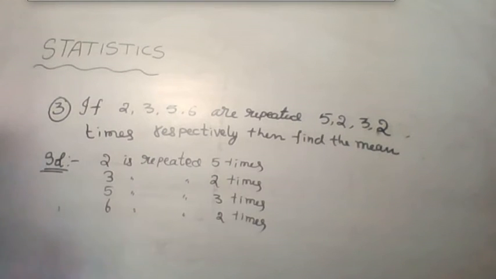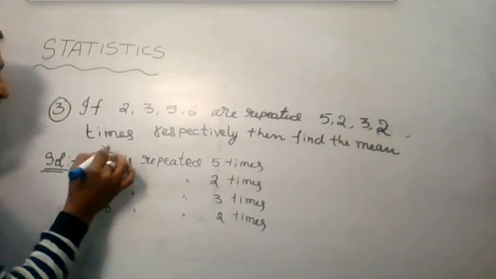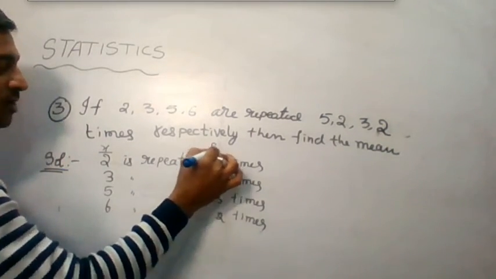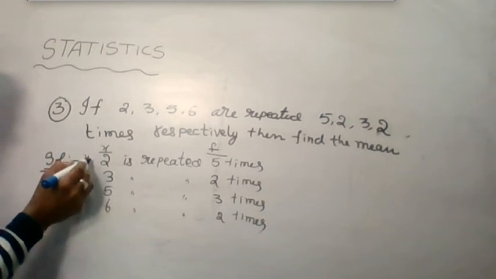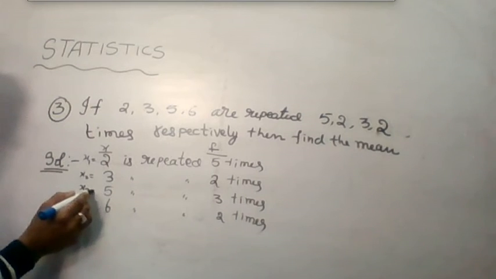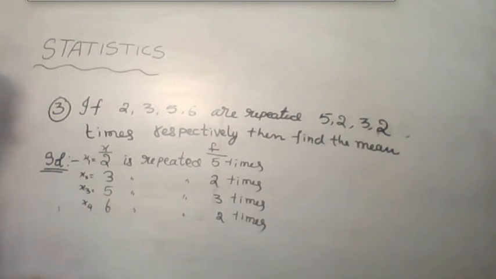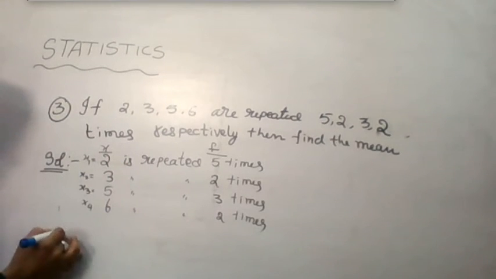As we discussed in the previous formula, these are all our x terms and these are all our f terms. This is x1, x2, x3, and x4, and this is f1, f2, f3, f4.